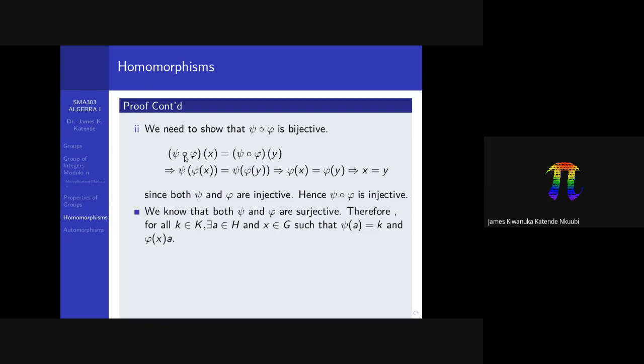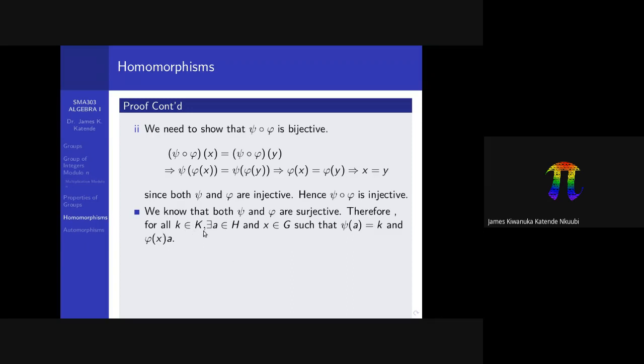Also we need to check that the composition is surjective. Since both maps are isomorphisms, they must both be surjective individually. So we just need to check that the composition is also surjective.